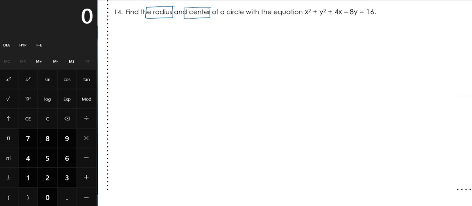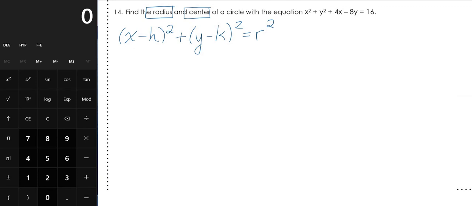Now, a circle always has x's and y's in the equation. A circle equation in standard format looks like this. (x minus h) squared plus (y minus k) squared equals your r squared.